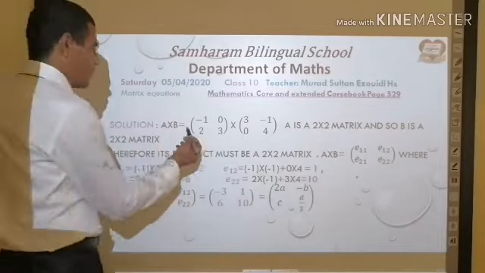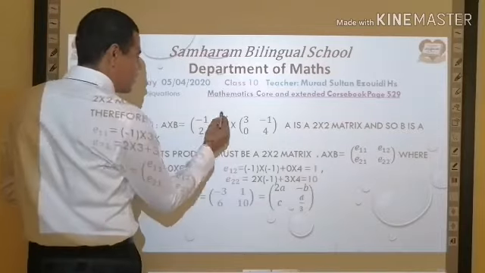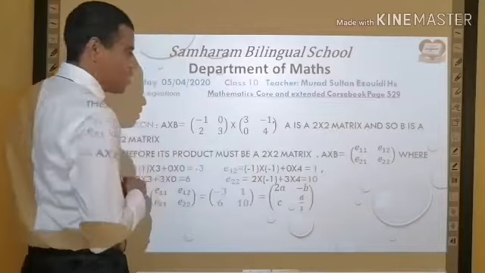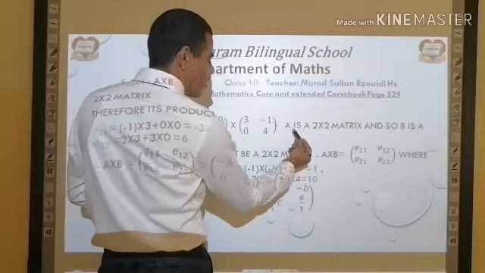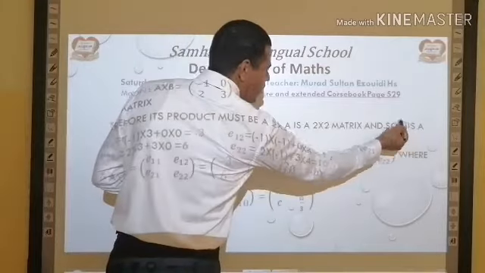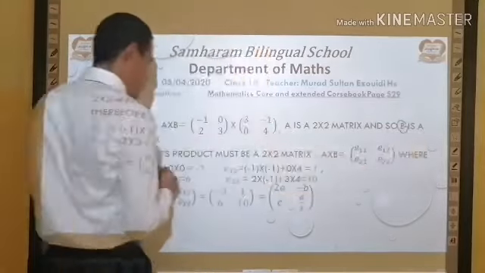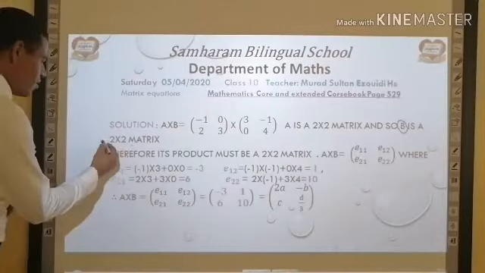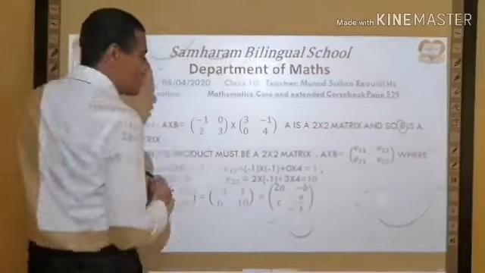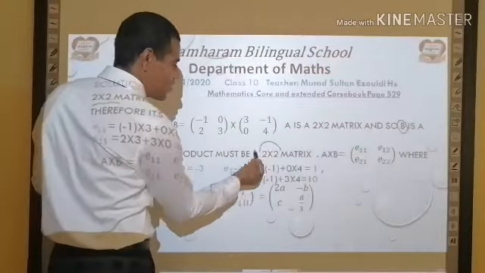We have the matrix A times B is [-1, 0; 2, 3] times [3, -1; 0, 4]. A is a 2 by 2 matrix, and the matrix B is a 2 by 2 matrix. Therefore, its product should be a 2 by 2 matrix, my kids.